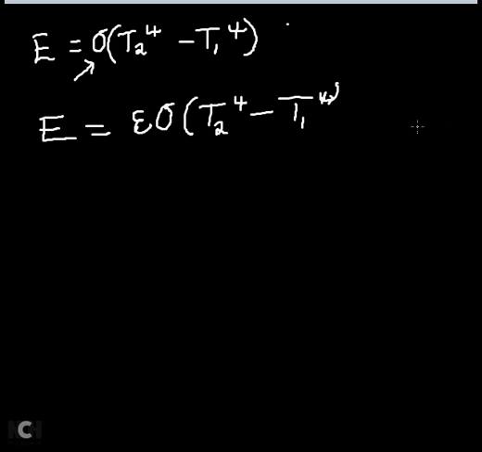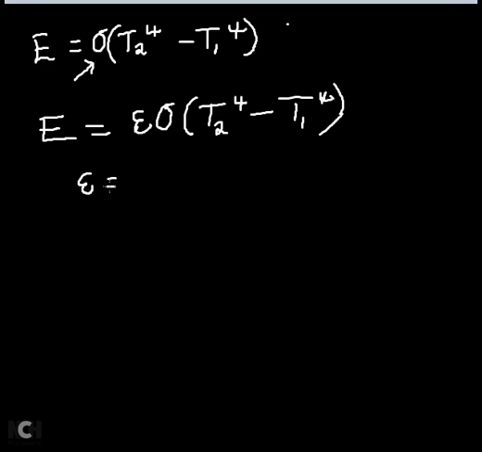T2 raised to the power of 4 minus T1 raised to the power of 4. Okay. So now the question is, this constant I've introduced is a constant for a non-black body.